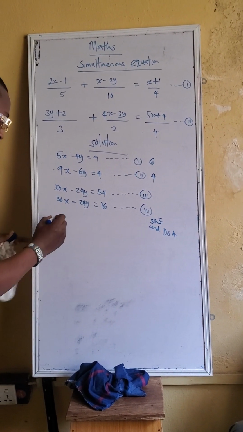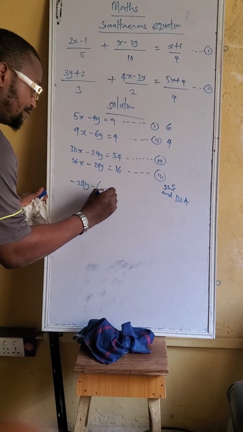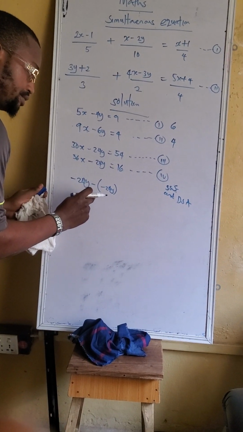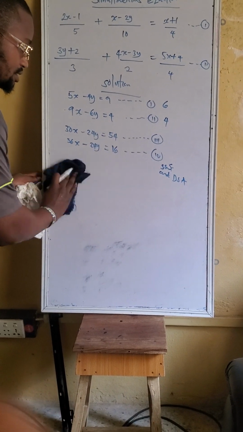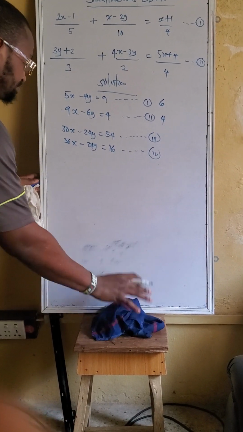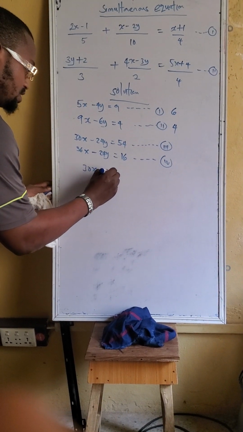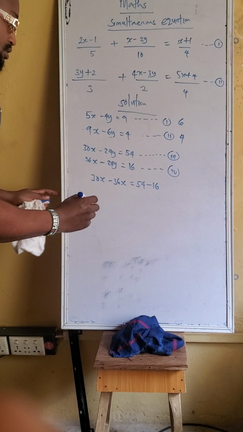Now we are going to say minus 24y minus 24y. That is going to give us 0. That cancels it all. So what we have left is 30x minus 36x equals 54 minus 16. That is what we have.